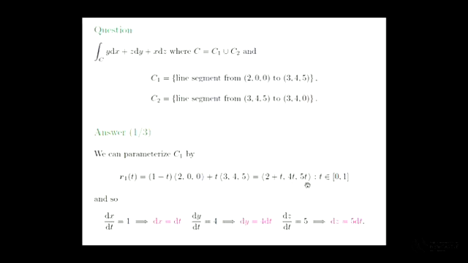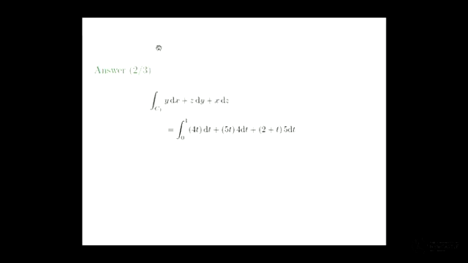And the derivative of z, which is 5t, with respect to t gives you 5, which says dz is equal to 5 dt. So we're going to take these values and put them in for these ones here. We replace y, z, and x with 4t for y, 5t for z, and 2 plus t for x. So we get this right here.